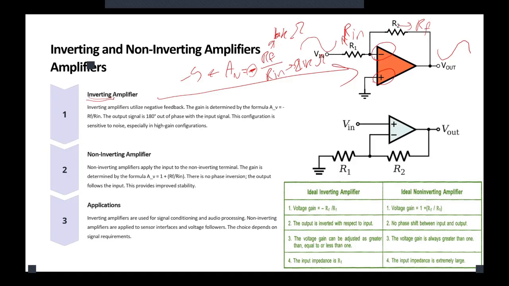Now, we said there is another type of basic amplifier. We call it the non-inverting amplifier. In this one, the input signal is connected to the non-inverting input. The feedback loop that we use for the gain control is still connected to the negative pin, or as we call it, the inverting pin. Why is that?